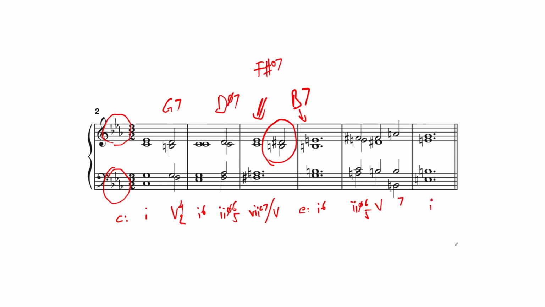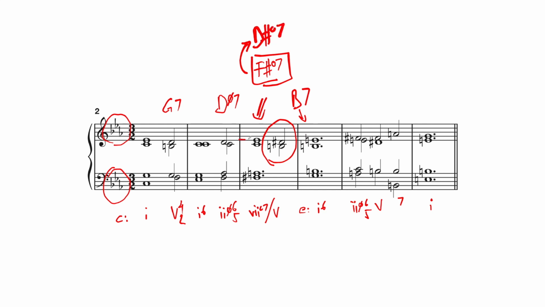The last 3 measures are in E minor. So we have another enharmonic reinterpretation here. Instead of F sharp diminished seventh, the piece interprets the chord as D sharp diminished seventh.